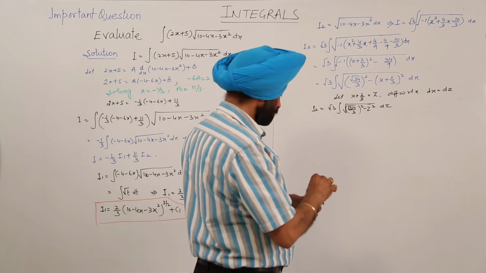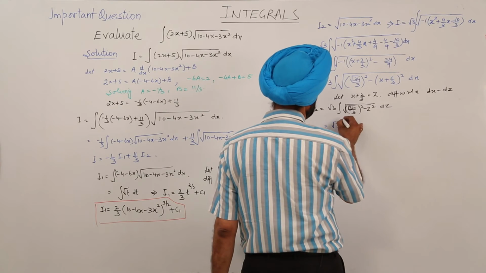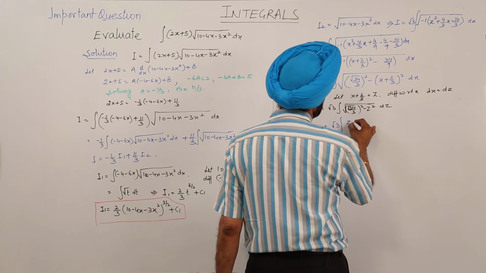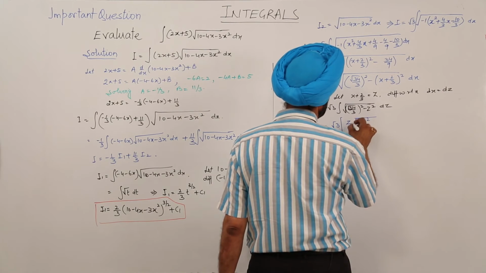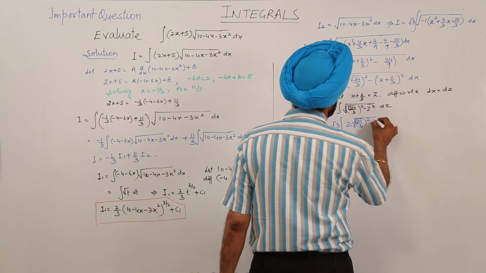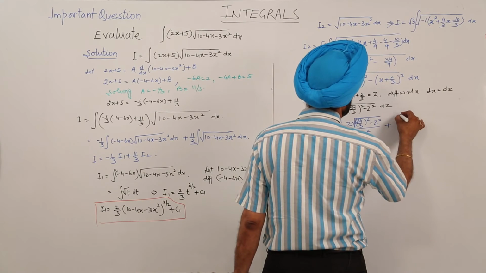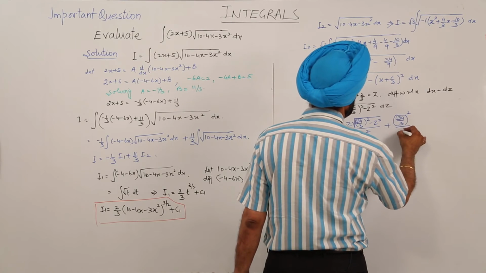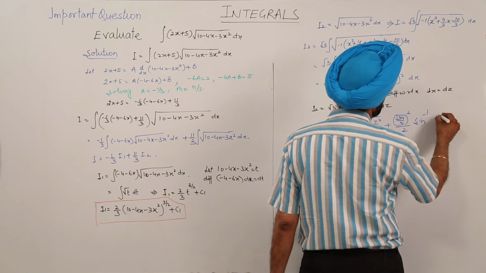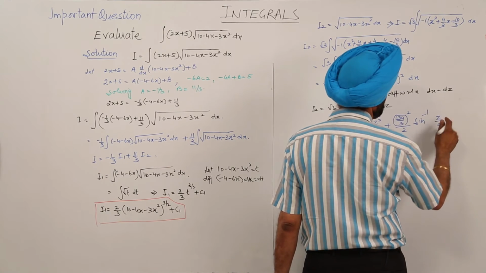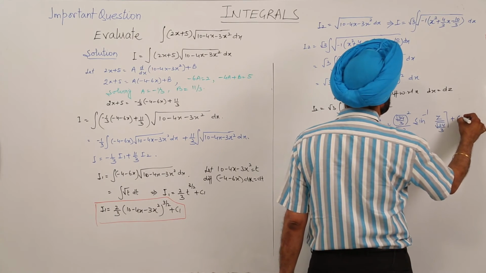Now this becomes root 3 times the integral of the square root of (√34/3)² - z² dz, which is z/2 times the square root of a² - z², plus a²/2 sine inverse of z/a, where a is √34/3, plus C2.